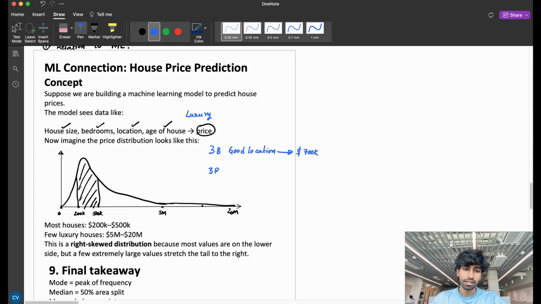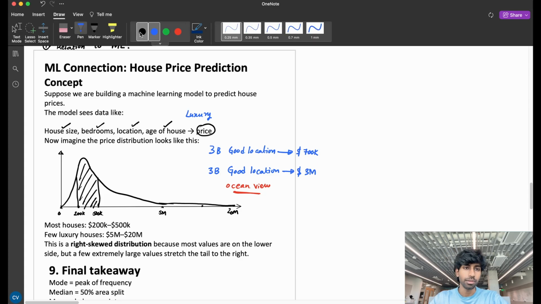And there is another data point in the data set. It's a 3-bedroom house and it's also a good location, but the price is $3 million because this house has an ocean view. Obviously the houses which are near the ocean will have much more price, right? But this ocean view isn't getting captured in our data, which is the luxury factor.